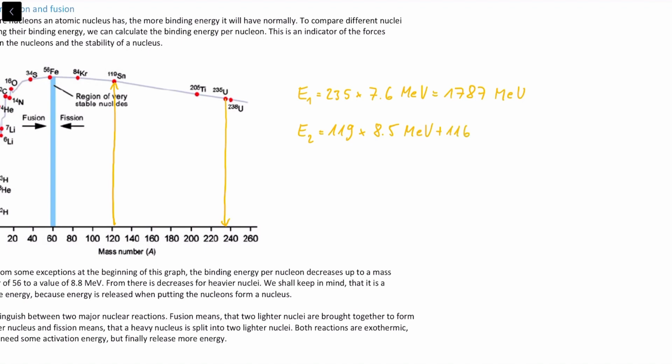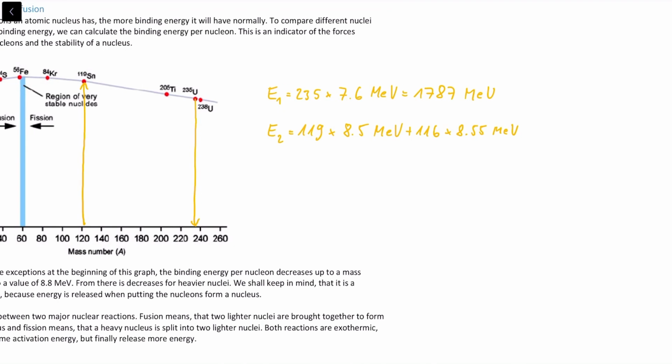That leaves us with another 116 nucleons, and this is a bit more on the left side, so it's even higher. So let's say it's 8.55 mega electron volts. It's not very precise, but we get an idea of how this works.